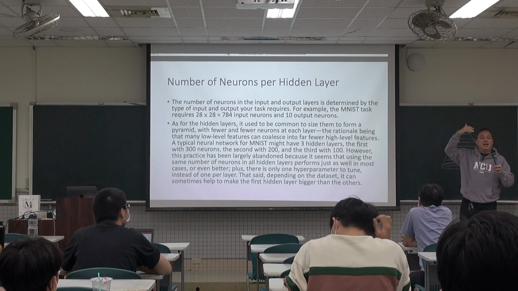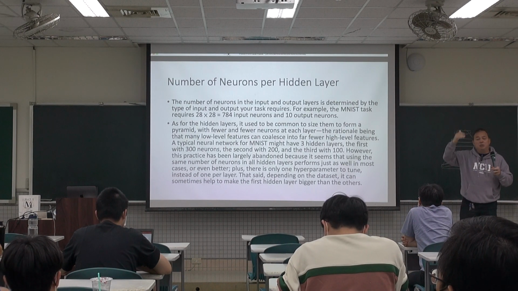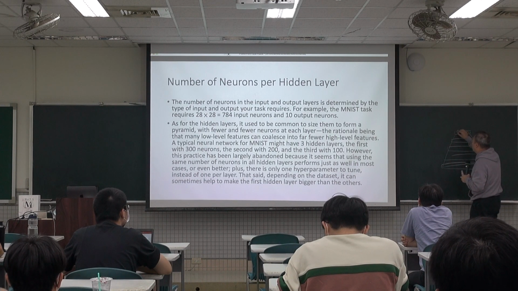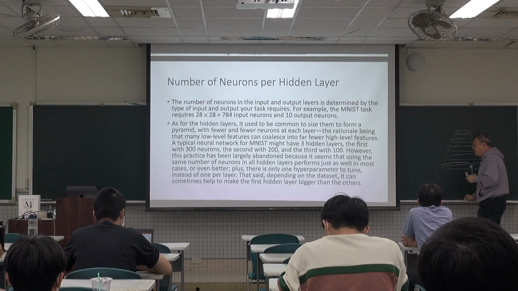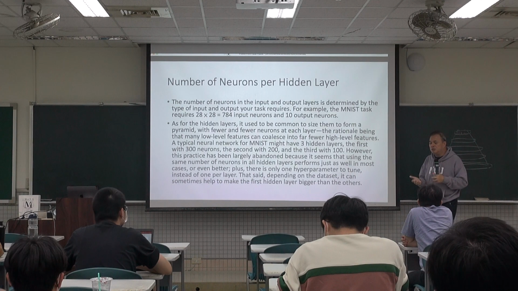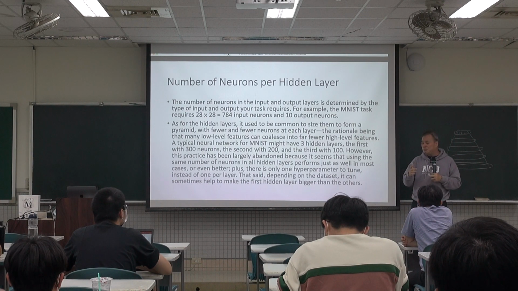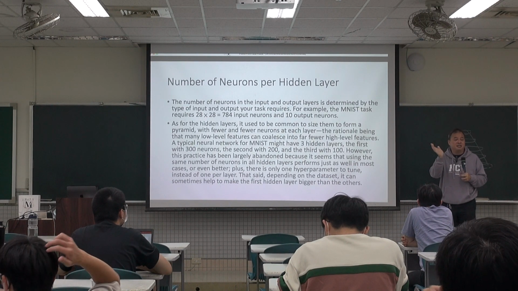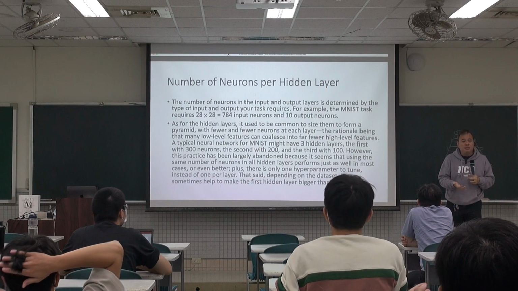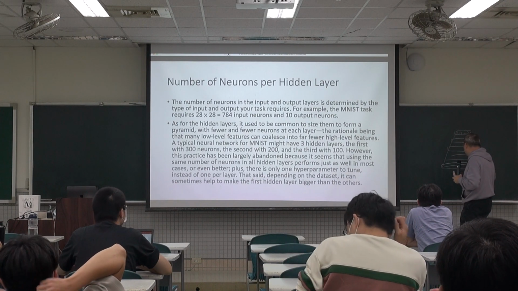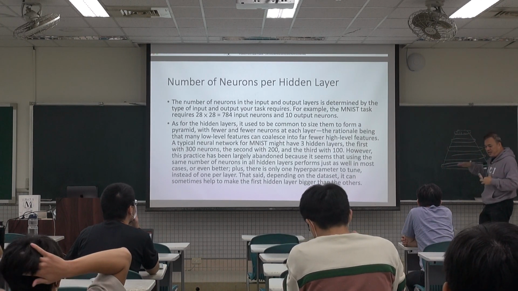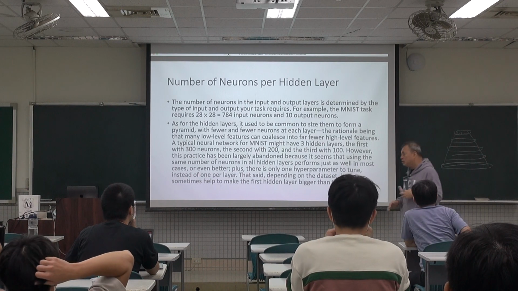But for more abstract features, for example the top ones, maybe it's already very close to a human or a dog or something, you don't have that many abstract features. But for the lower layers, even different orientations of the lines could be different features. So it's suggested that we have more neurons at the bottom of the model.